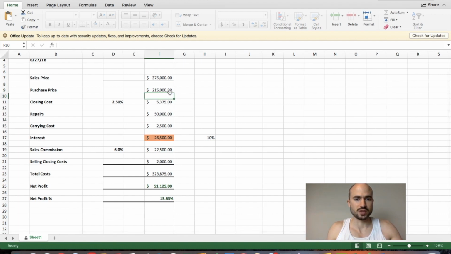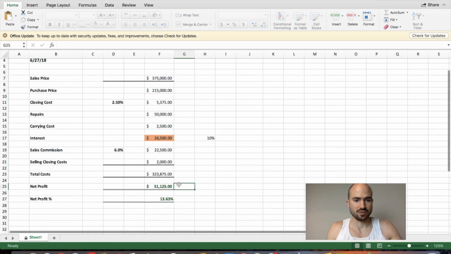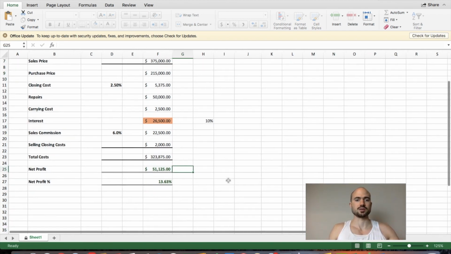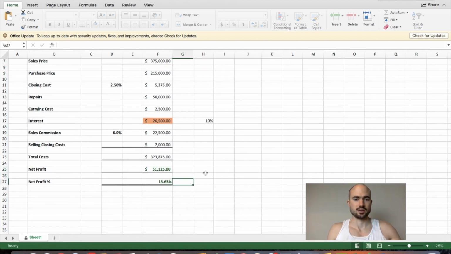If I bought it at 215 and it needed 50,000 and it sold at 375, I'd make 50,000. That'd be a pretty decent deal, a nice bonus money there. And with net profit, you want to try to be at least 10%. Now, if it was a very simple condo project or something like that, maybe you can be a little bit less than that, but you usually want to be a minimum of 10%.